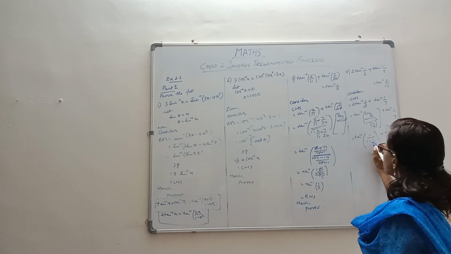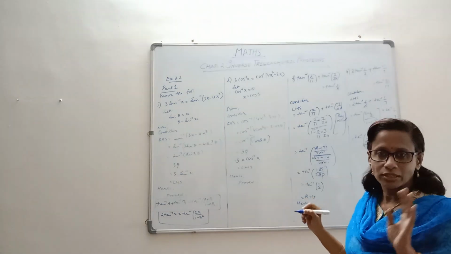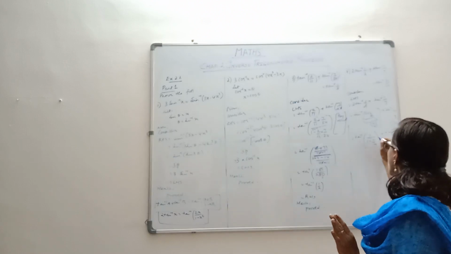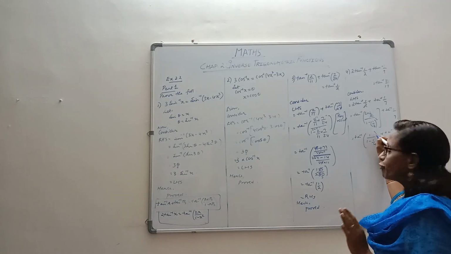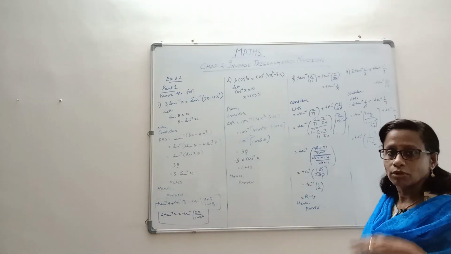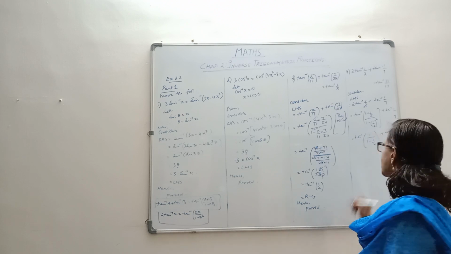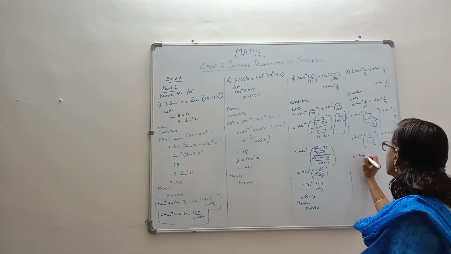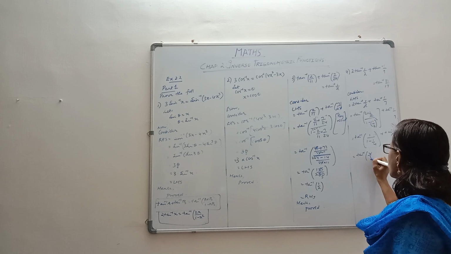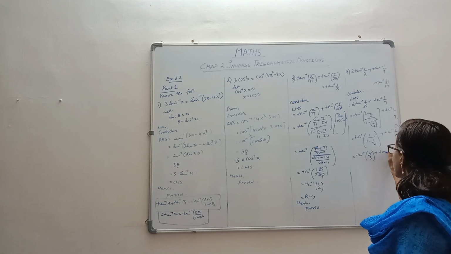How much will that come to? 3 by 4. We know 1 minus 1 by 4 is 3 by 4. So 1 divided by 3 by 4 means multiplication by the reciprocal: 4 in the numerator, 3 in the denominator. So this will become tan inverse of 4 by 3 plus tan inverse of 1 by 7.